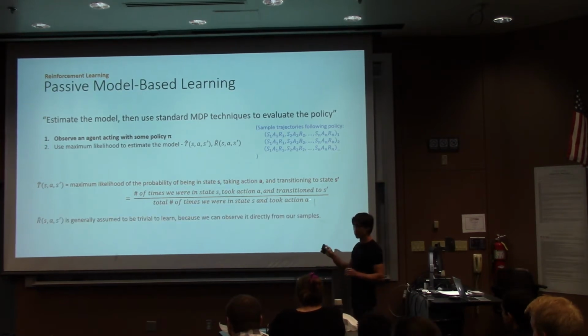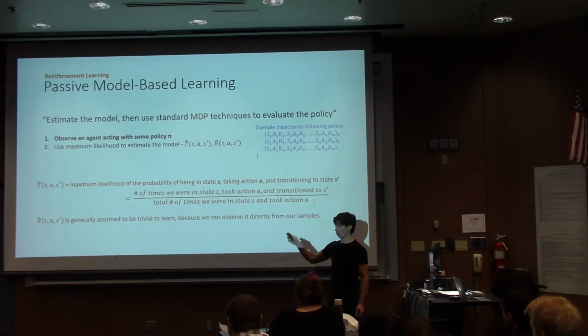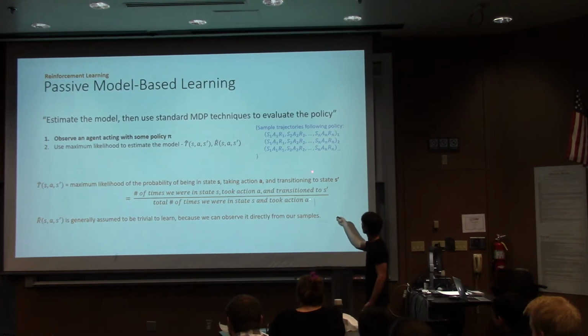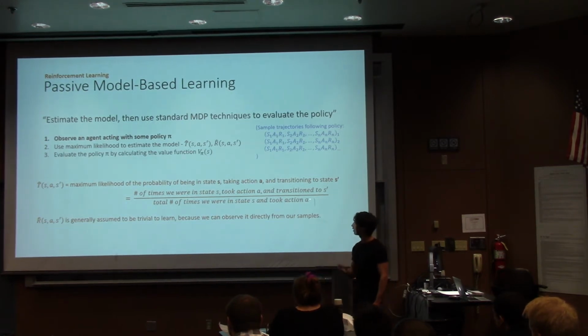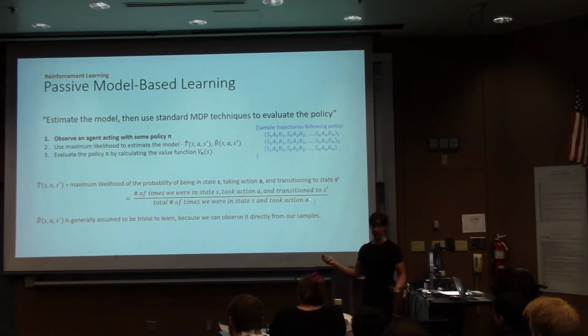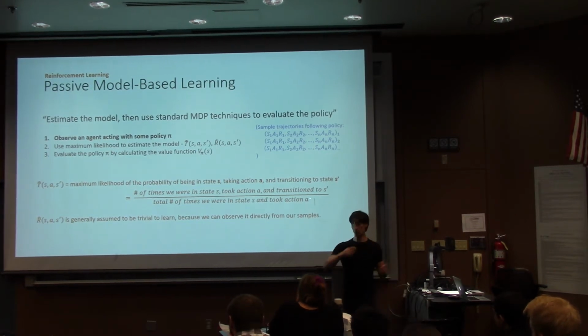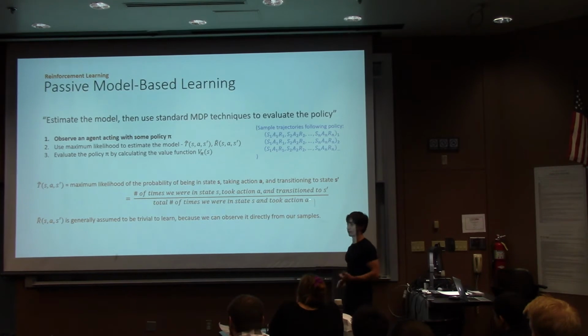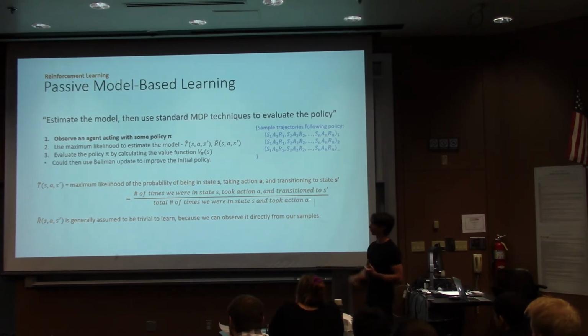And then we generally assume that the reward function is very easy to learn, because we see that we get the rewards directly from our sample trajectories. So we generally assume that this is pretty easy to get. And we then evaluate the policy pi by calculating the value function using value iteration, policy iteration, or whatever you would like.